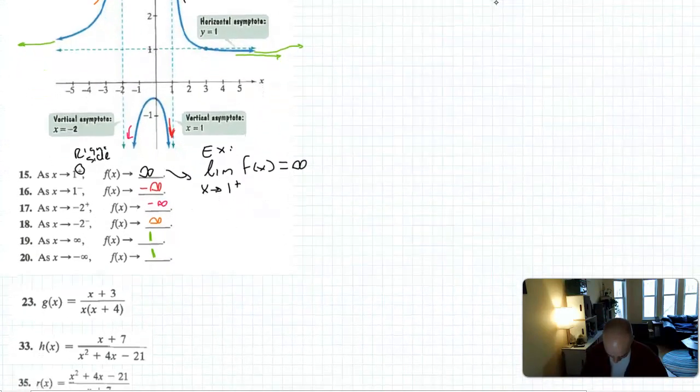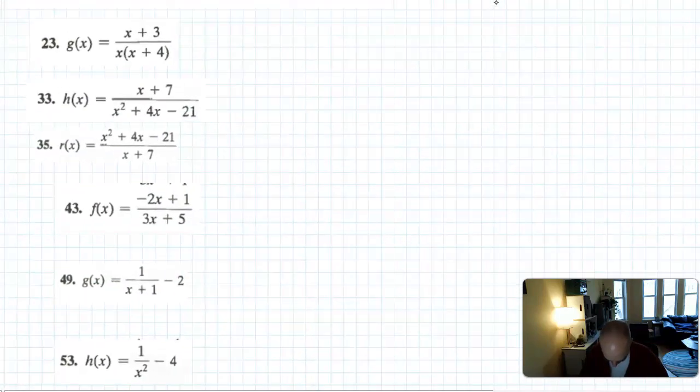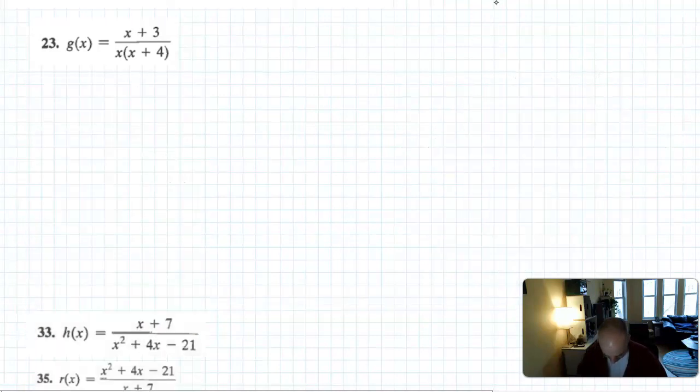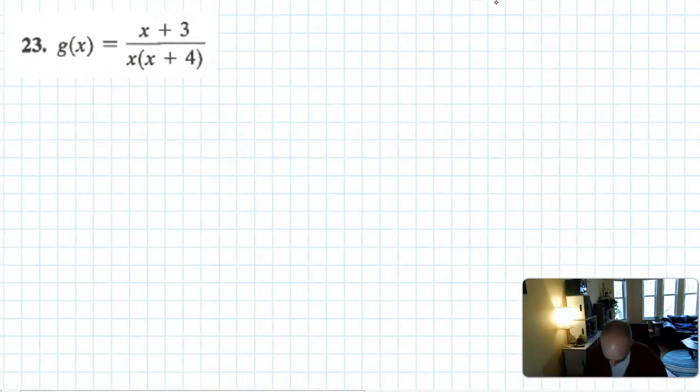All right, let's move on to the graphing. So like we've said in class, we just want you to graph all of these. I know the book has different directions, but that's silly. We're just going to make our graphs. So for this one, nothing cancels, so there's no holes, but we do have some vertical asymptotes.